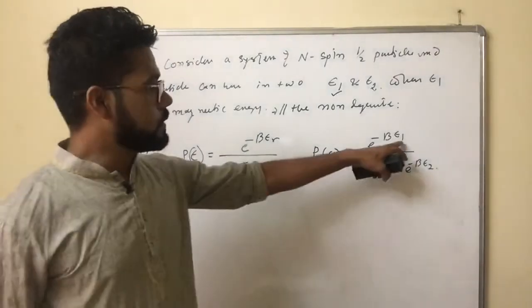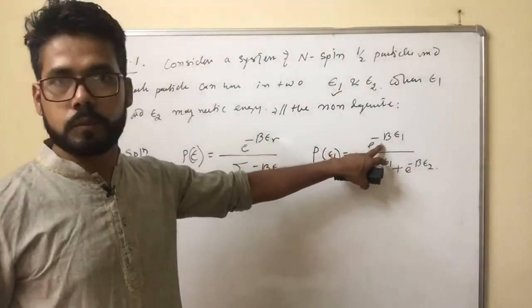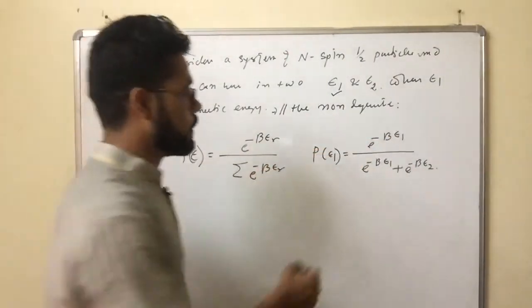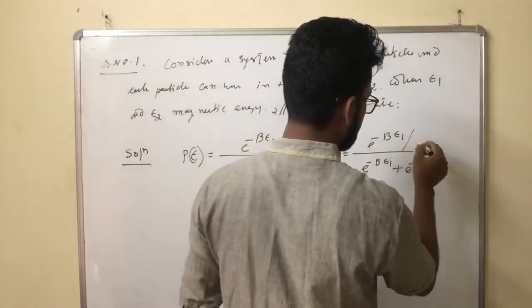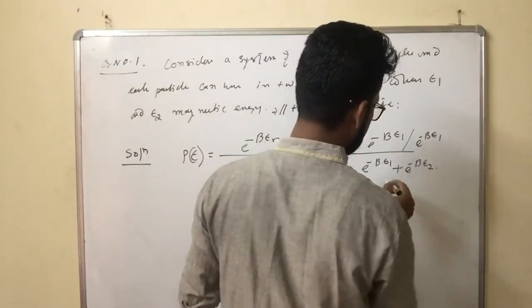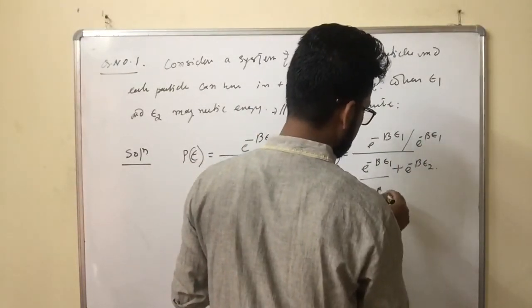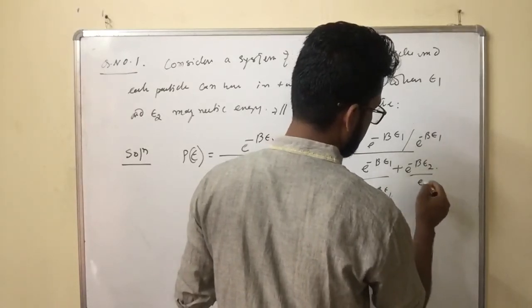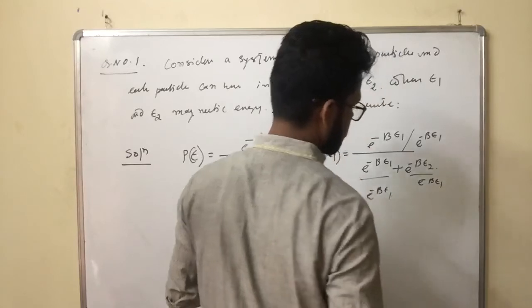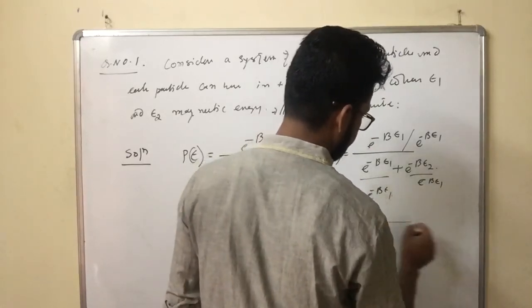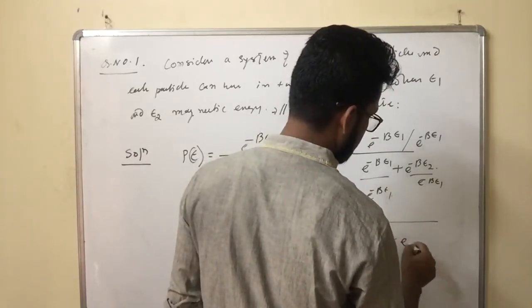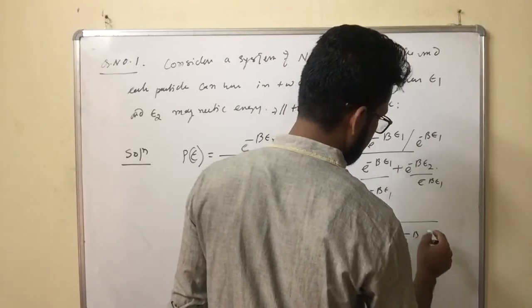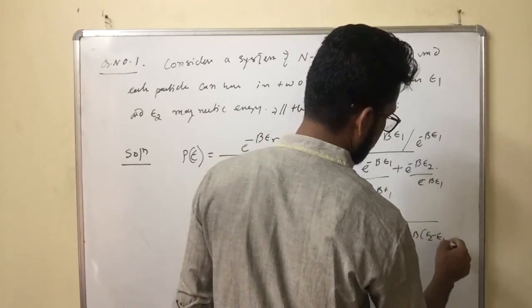Or you can say, if you divide the numerator by this value, then it will be 1. Suppose I divide by e to the power minus beta E1, we have to divide all the terms. Then what happens? 1 over 1 plus e to the power minus beta (E2 minus E1).